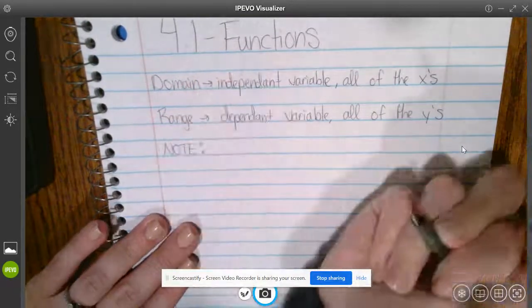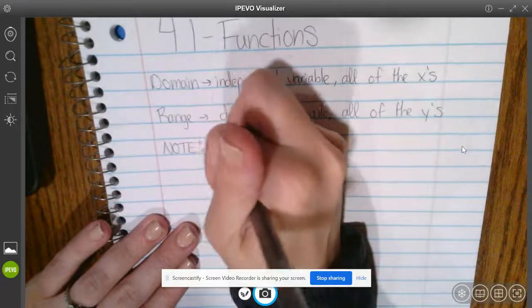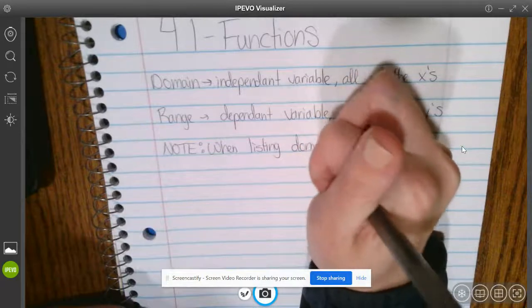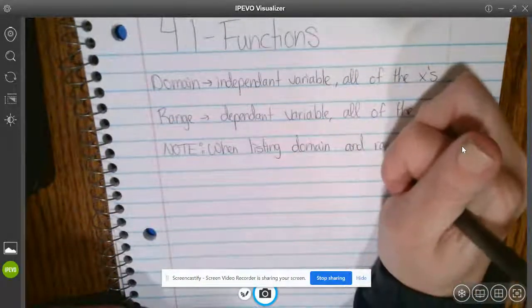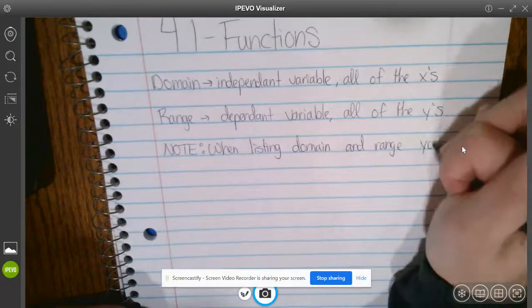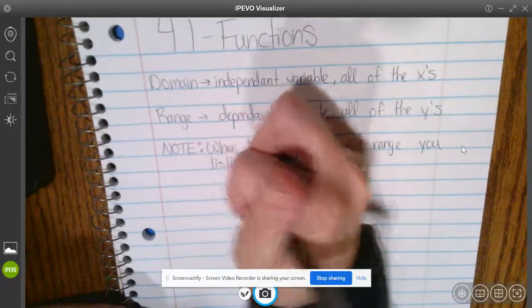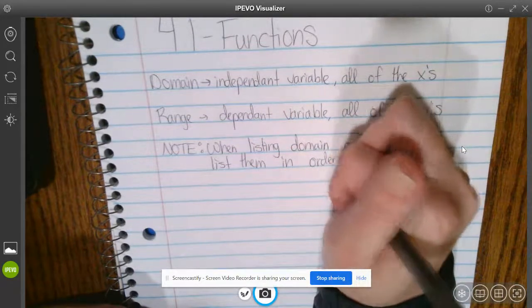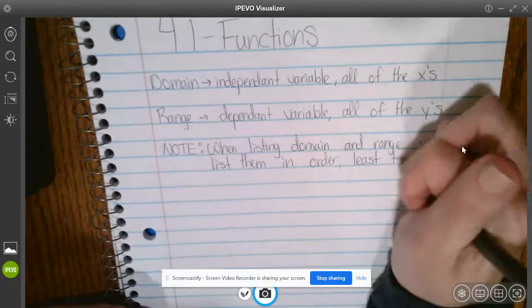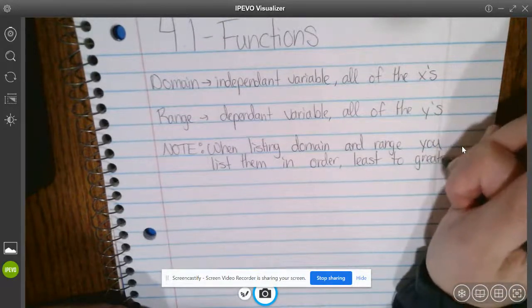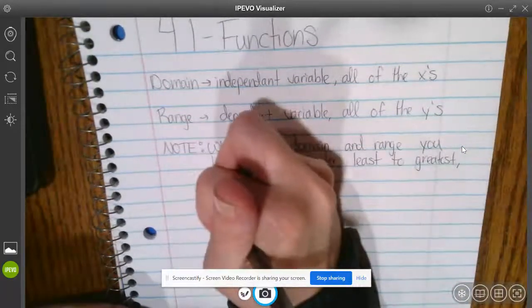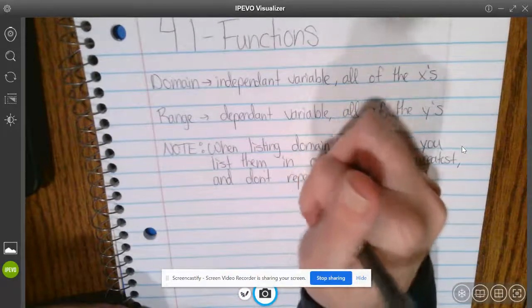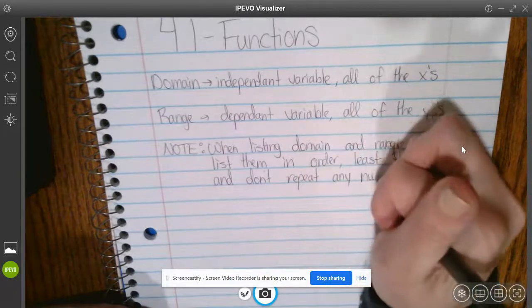So here's my little note. When listing domain and range, you list them in order, least to greatest, and don't repeat any numbers.